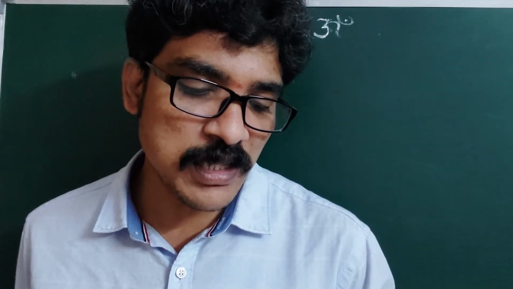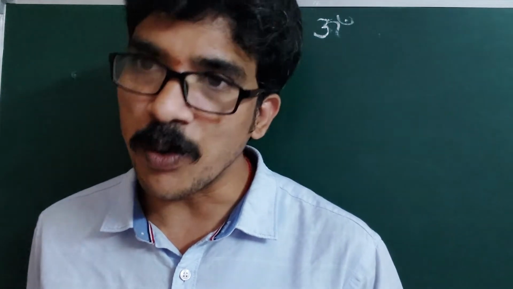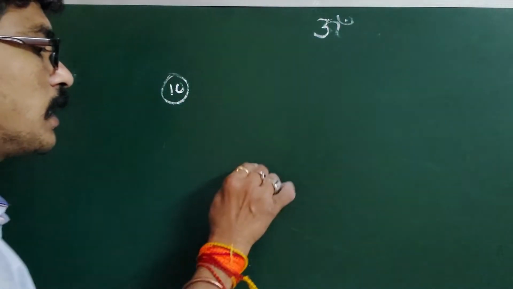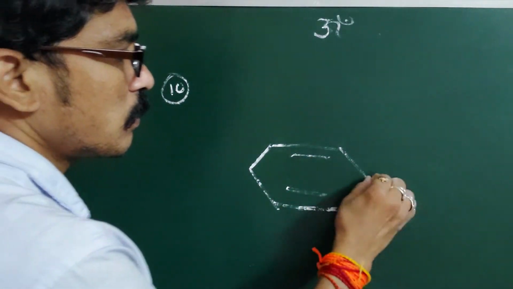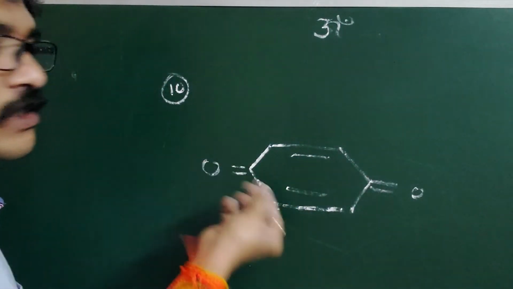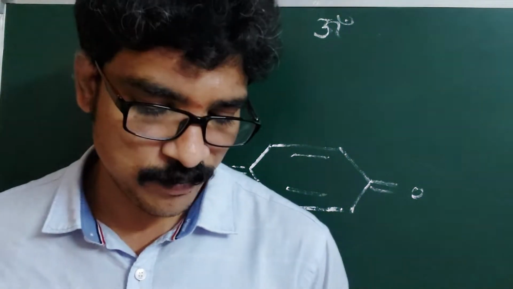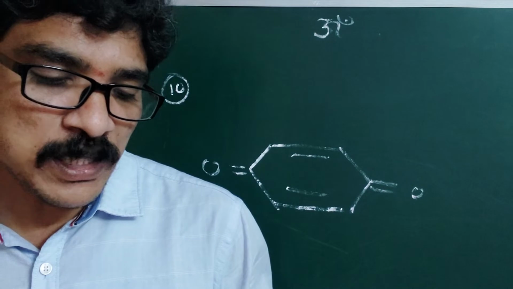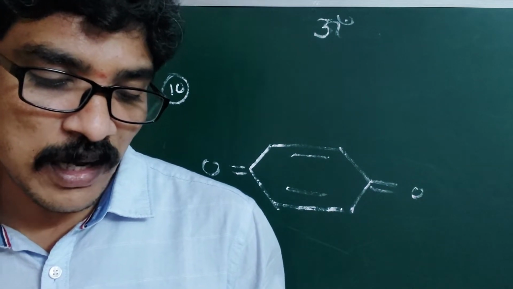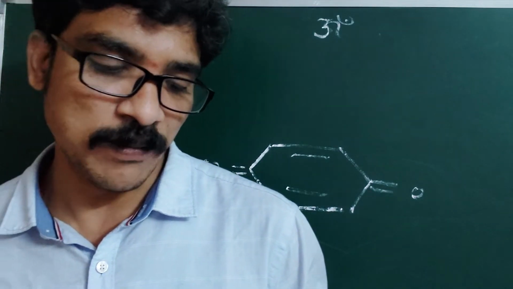Next question. Which of the following is a conjugated dione? This is the structure given, so you can easily identify the conjugated dione. Next question. The vitamin which cannot be supplied to the organism through food.